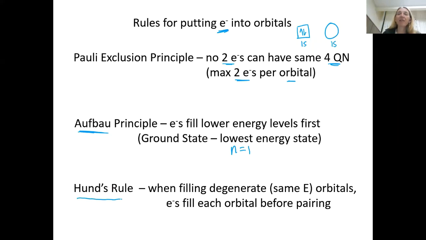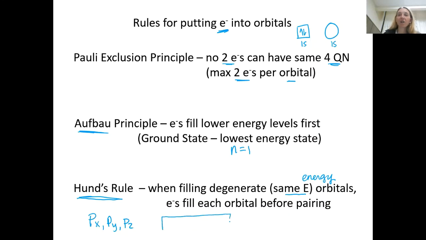And then we have the last rule, which is Hund's rule. And Hund's rule says, when filling degenerate orbitals, and degenerate means they have the same energy, electrons fill each orbital before pairing. Okay, so what that means is I have a p orbital, right? And that p orbital can be a px, a py, or a pz.